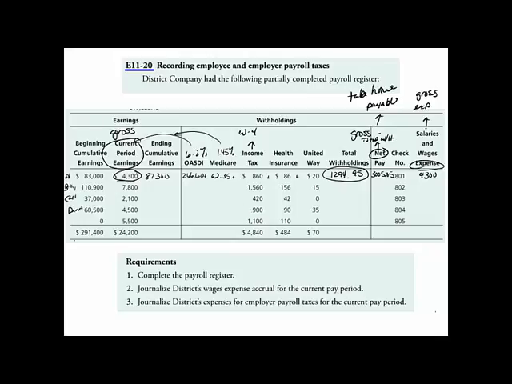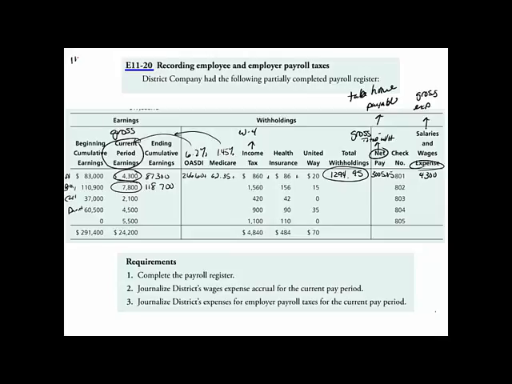Now this one here for Betty is interesting because we can see what she had going into this pay period, plus this pay period brings her up to 118,700, and that is over the Social Security cap. So her entire pay is not going to be subject to Social Security.